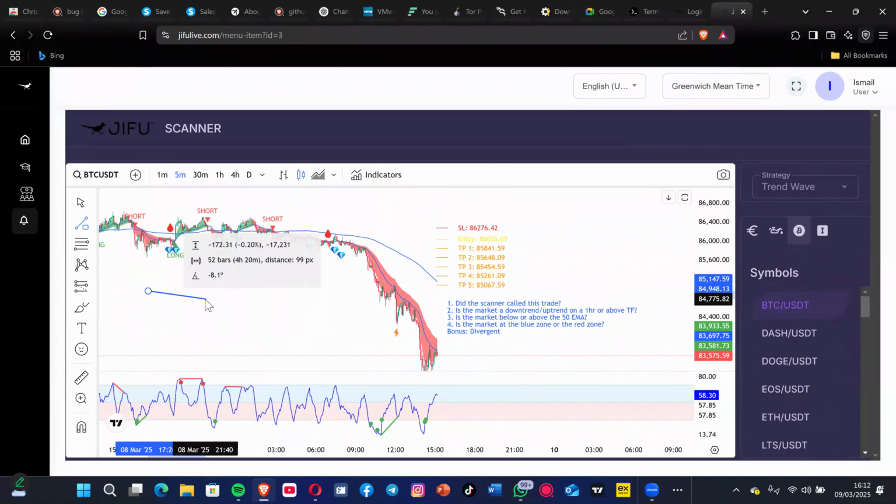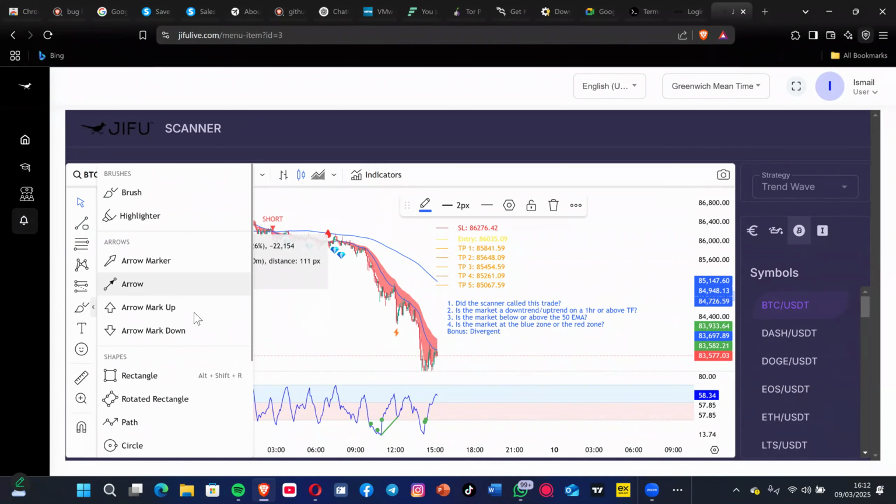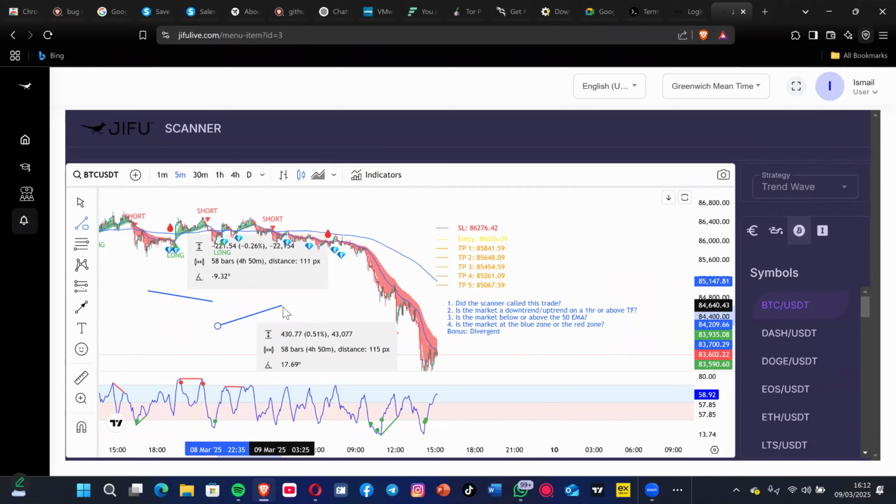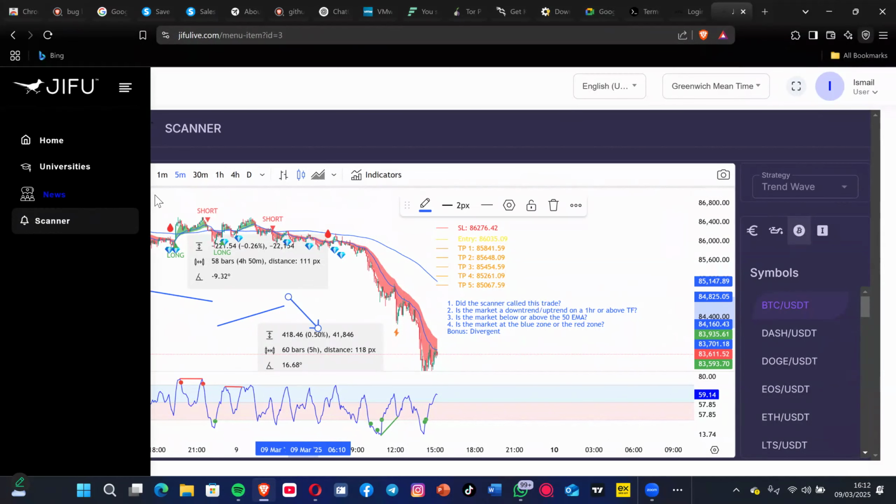When you see the divergent go this way, that means the market is on its way up. But when you see it go this way, that means the market is on its way down. You understand?